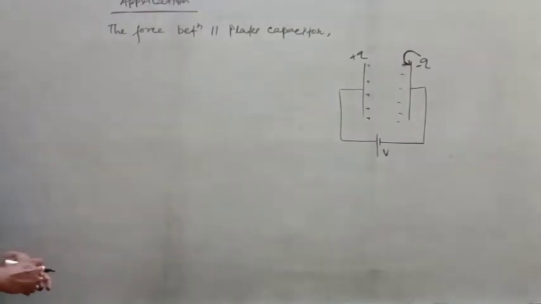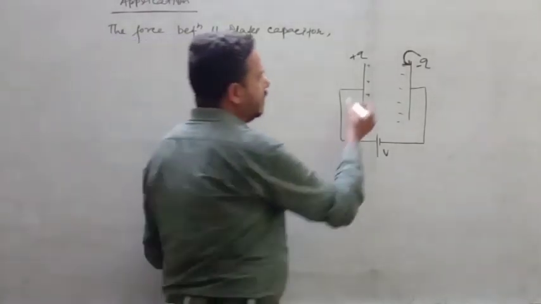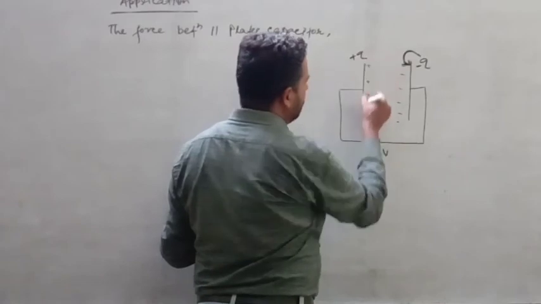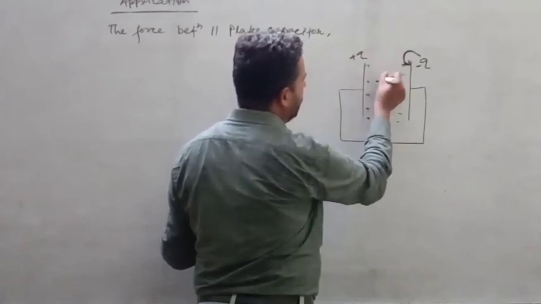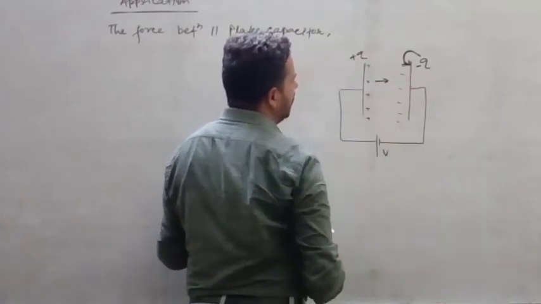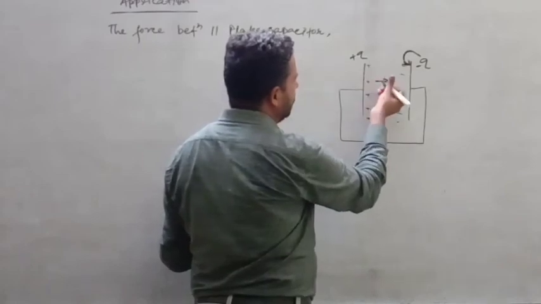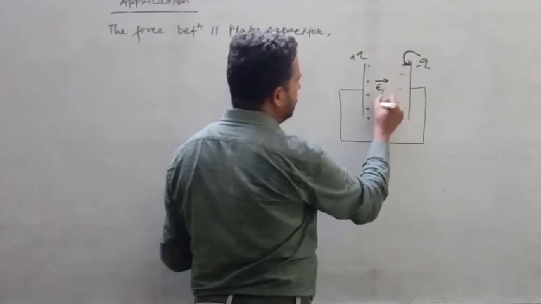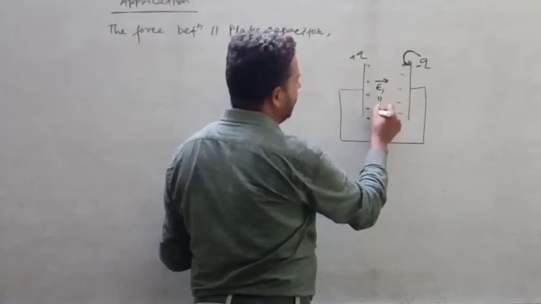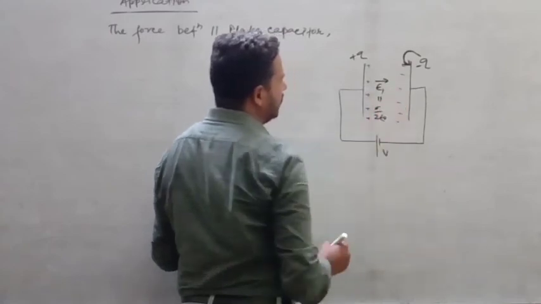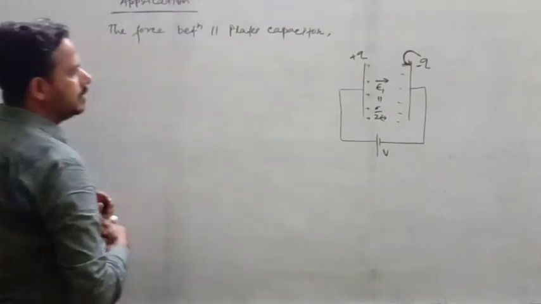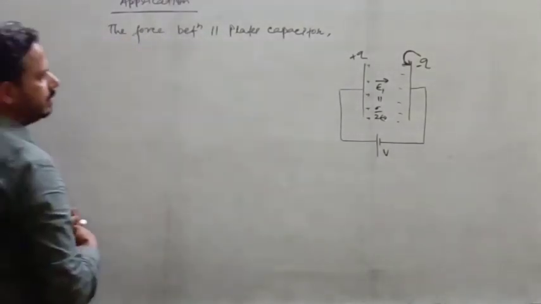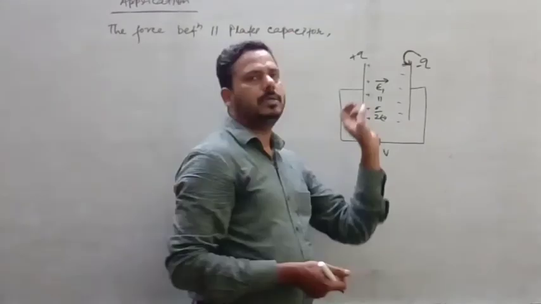So we know here that the field lines are coming onto this plate and going towards this. And how much is this? This is very simple. You just take it, this is E1, and that is equal to sigma by 2 epsilon naught. And you want to find the unit surface.